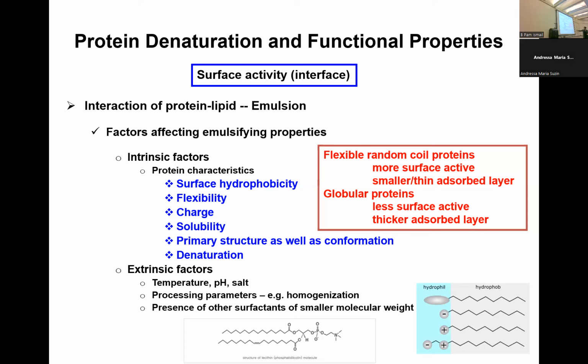The smaller they are, the larger the surface area you have, and then you have better stability of the emulsion. If there are big oil droplets, then you will have fluctuations sooner, and you'll have coalescence. That means when two oil droplets join, you get a bigger oil droplet. So the smaller the oil droplet, the finer the emulsion, the longer the stability of that emulsion.